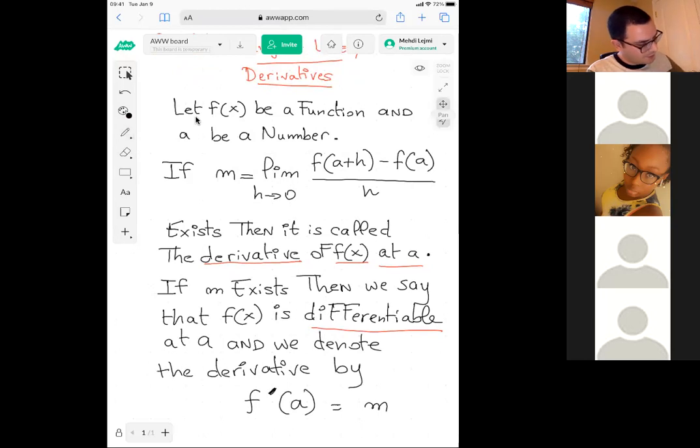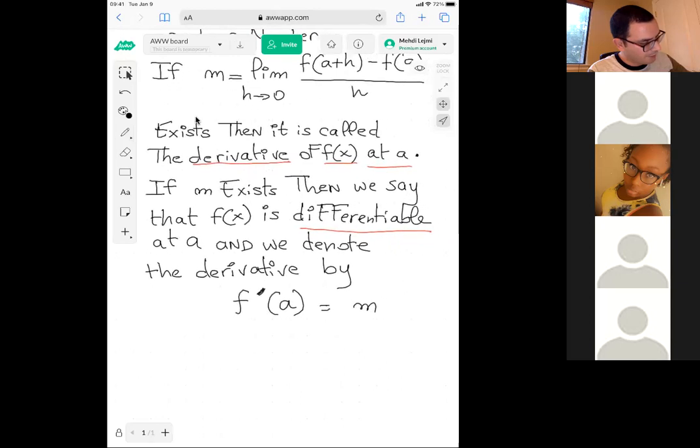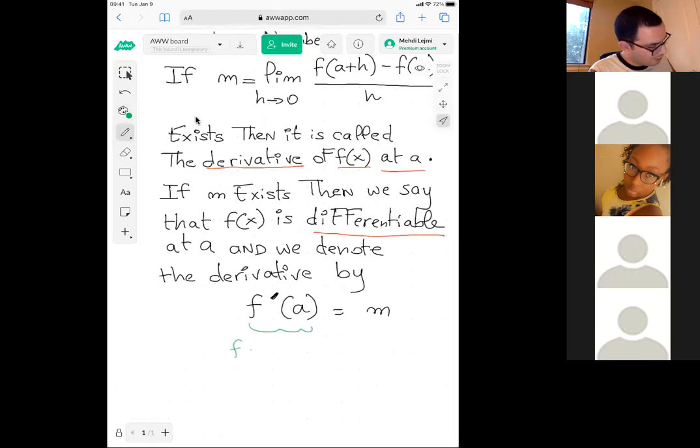This notation is f prime of a, the derivative of f at a.